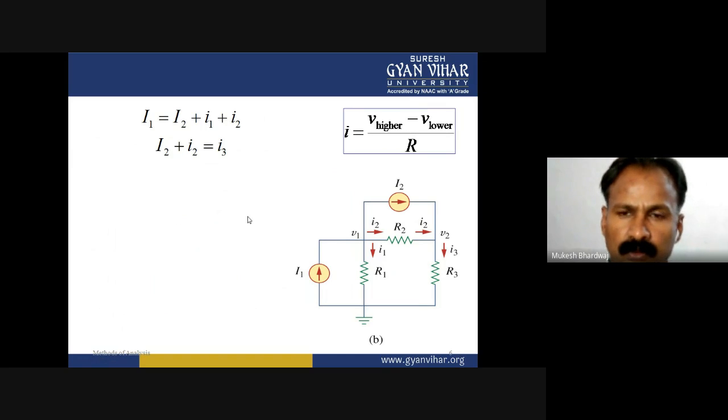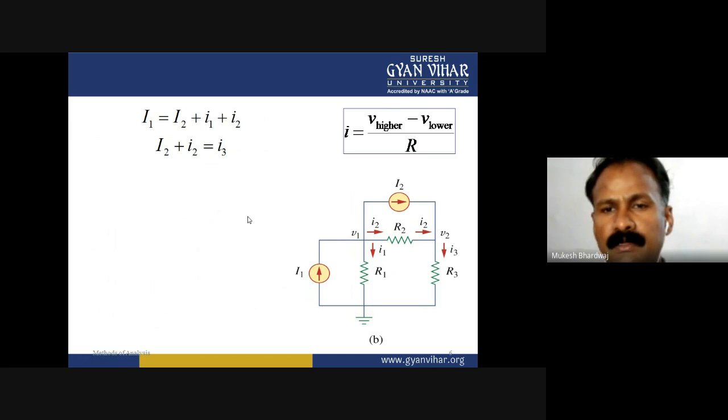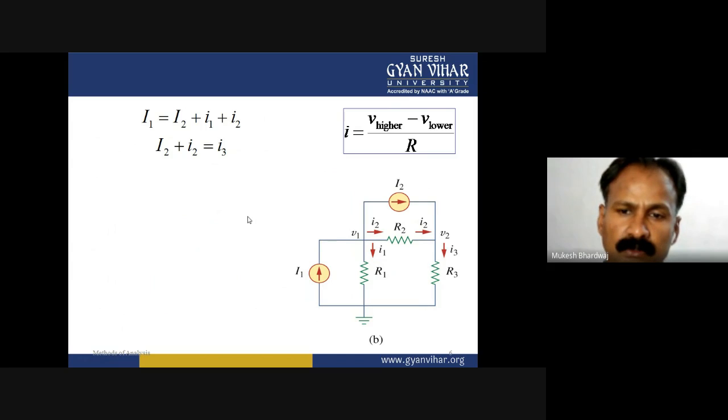Now, as we know, current is equal to higher potential minus lower potential divided by the resistance R. Now we assume the voltage at junction 1 is V1 and at junction 2 is V2. For finding out i2, we use this concept: V1 minus V2 upon R2.